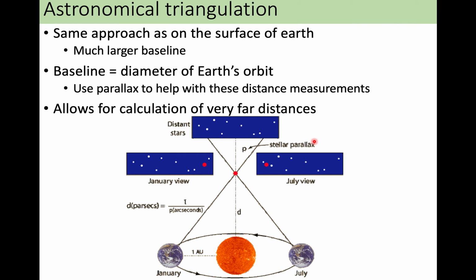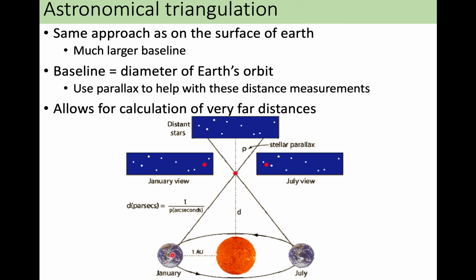So a huge difference between that position A and that position B. So what we do with astronomical triangulation, when we're trying to find the distance to a star, is we use our orbit as our baseline. So the orbit of the Earth is the largest baseline that we can have when we're on Earth.